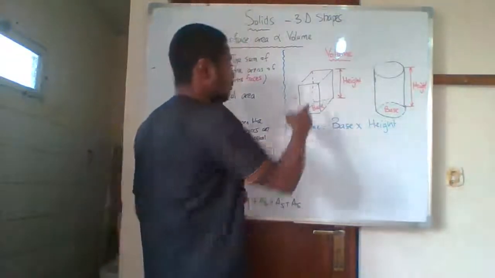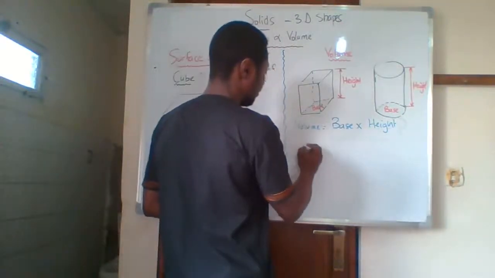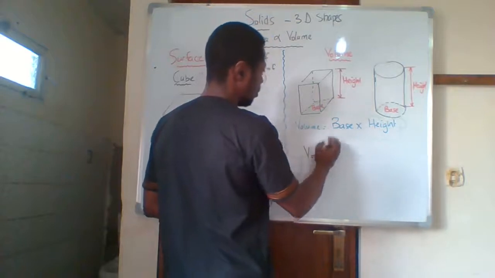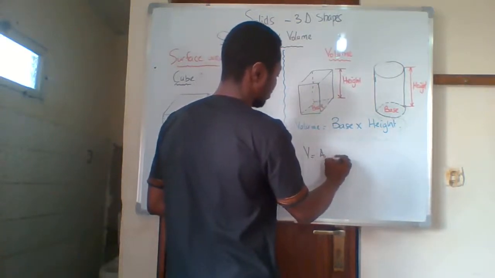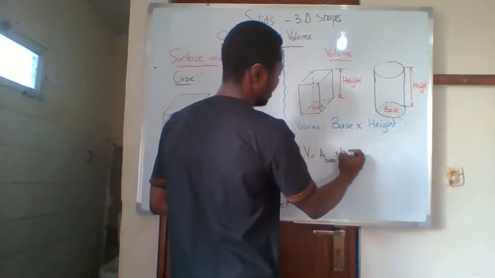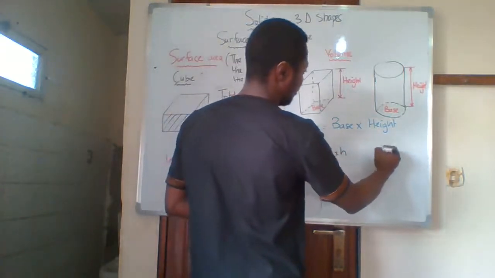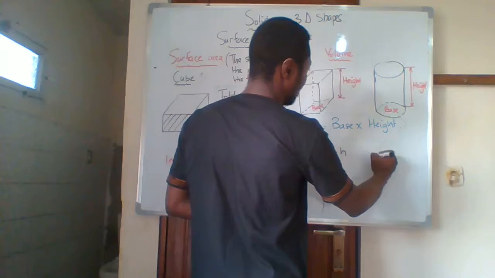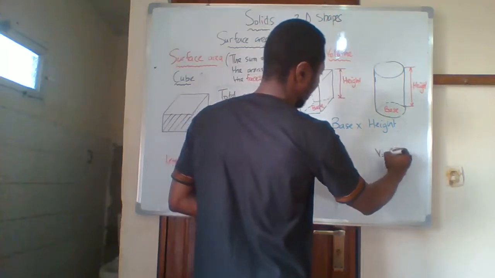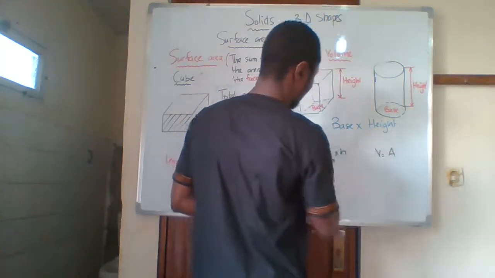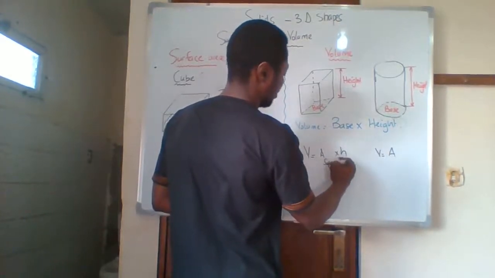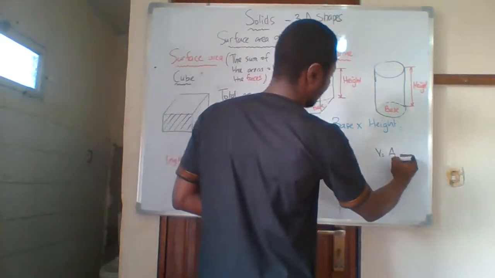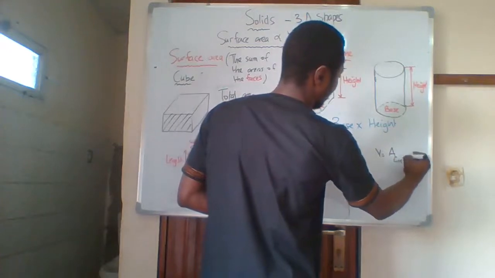So for the rectangular prism, the volume is equal to the area of the base times the height. And for the cylinder, the volume is equal to the area of a circle times the height.